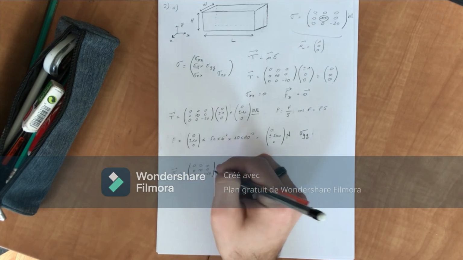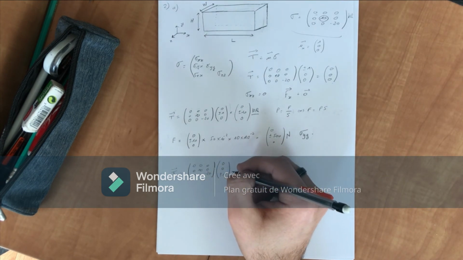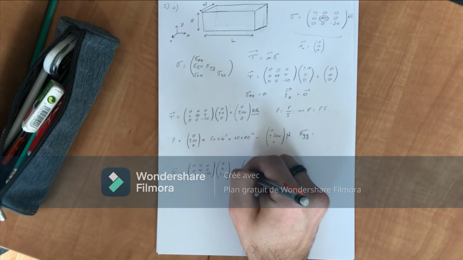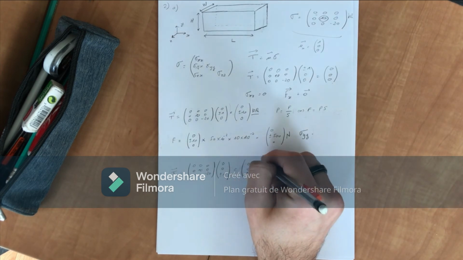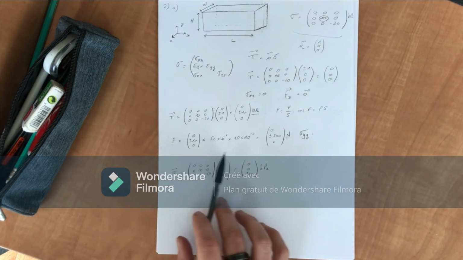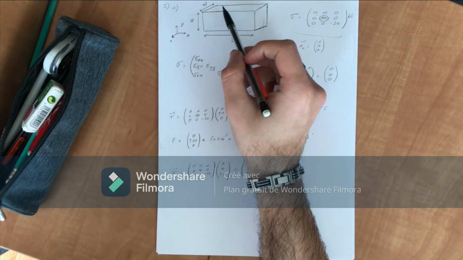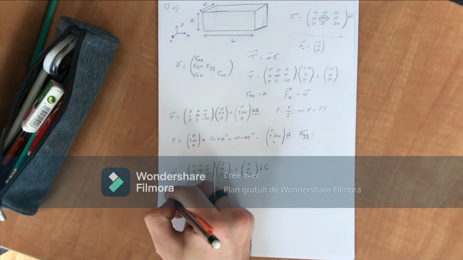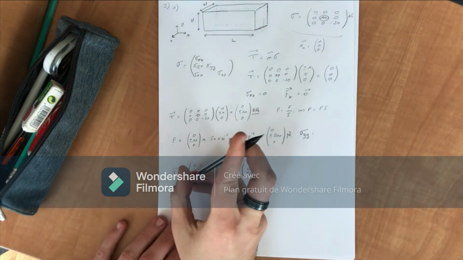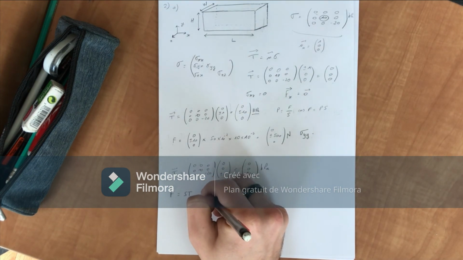So as usual, the stress tensor, this time the unitary vector along the z-axis, and this is equal to this vector, and after the calculus of the force with the surfaces of the faces along the z-axis, so those faces here, we will find that the force is equal to this vector.